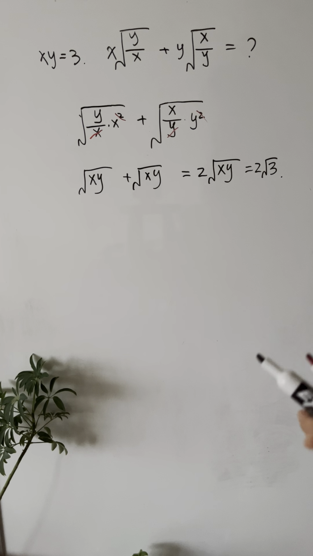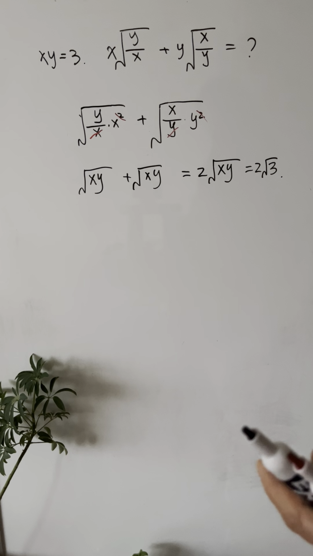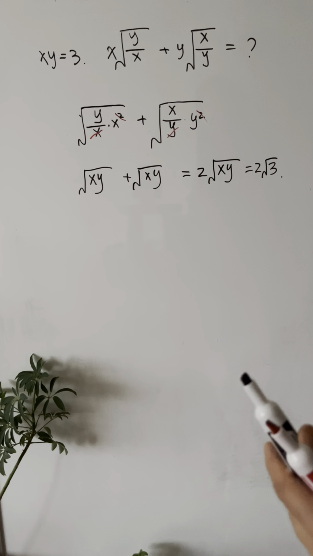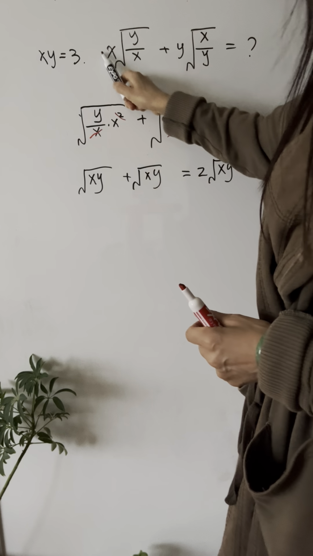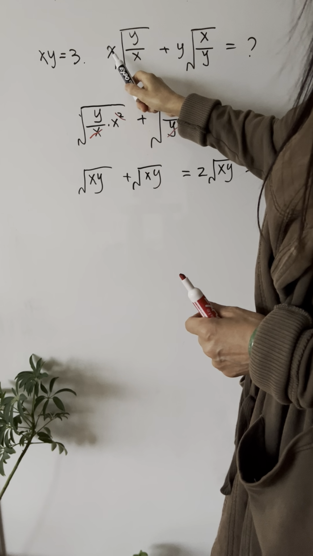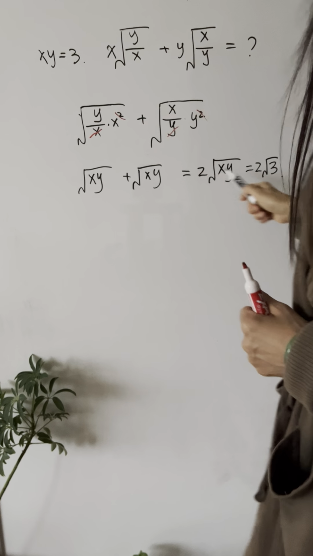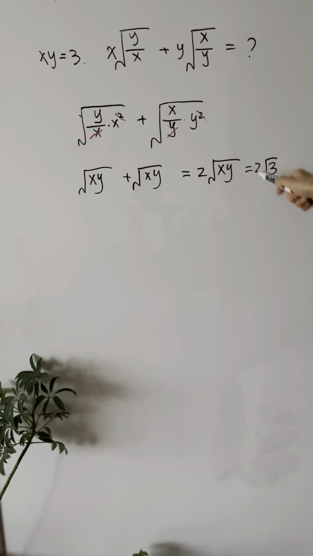Okay, we may do it this way, but there is one problem. How do we know we can push this inside? How do we know we have a positive value, right? By doing so, we have ignored something.